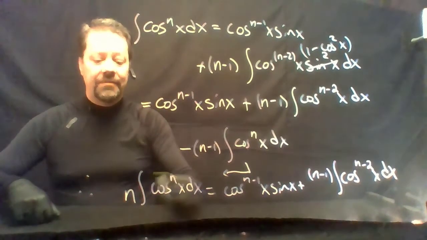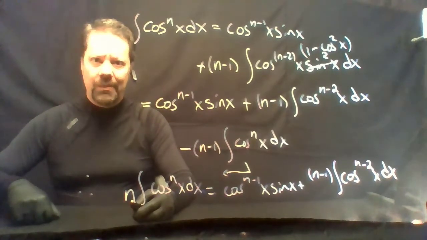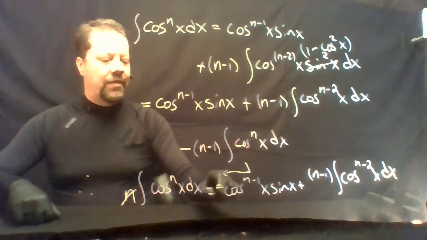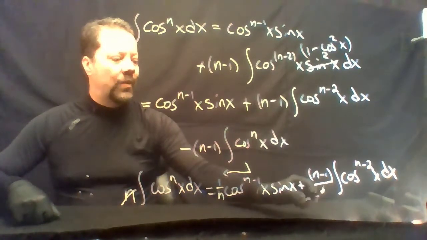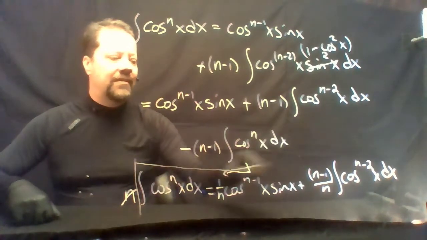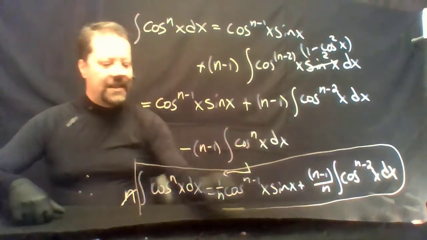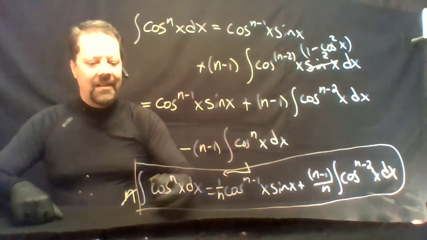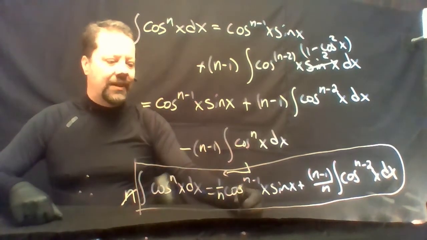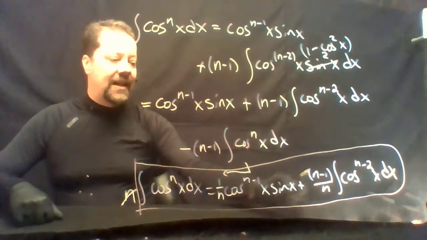To solve for the integral, all we have to do is multiply both sides by 1 over n. We'll have 1 over n here and 1 over n here, and this gives us what is called a reduction formula.